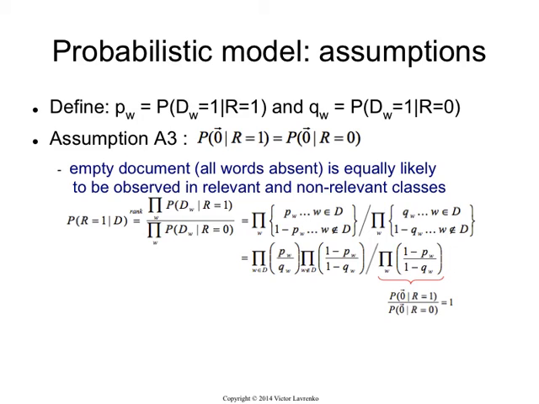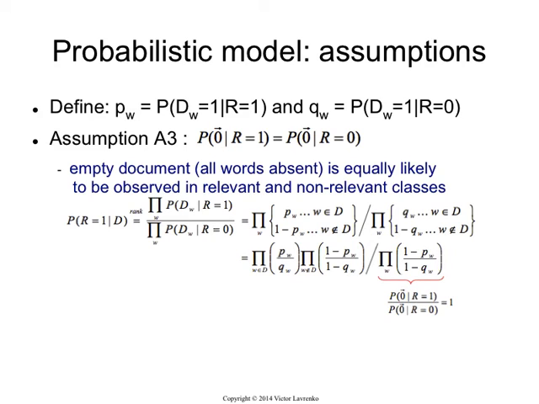So I take my ranking formula, divided by 1, and what it allows me to do is further regroup the terms. Think about it. We have some words, very few words, which actually occur in the document, and then probably a million words that don't occur in the document, and for them we have a ratio of 1 minus PW over 1 minus QW. And then we're dividing that all by that product, which is all the words in the vocabulary, 1 minus PW, 1 minus QW. So the 1 minus PWs are going to cancel out all of those, and the 1 minus QWs are going to cancel out all of those. But some of them are going to be left over.